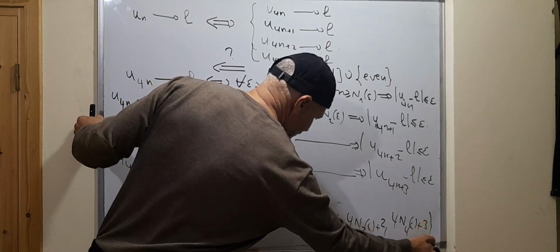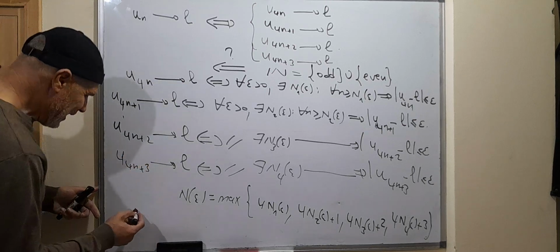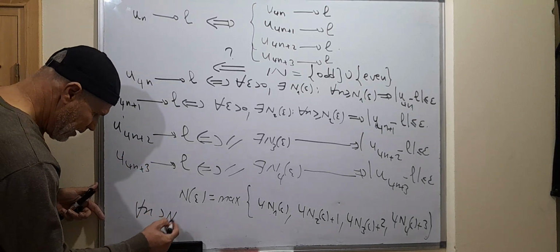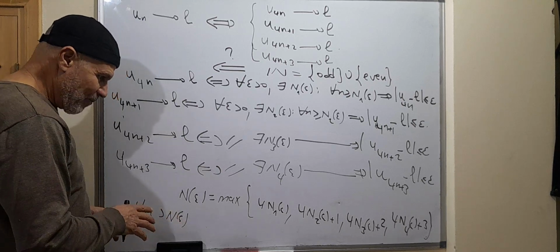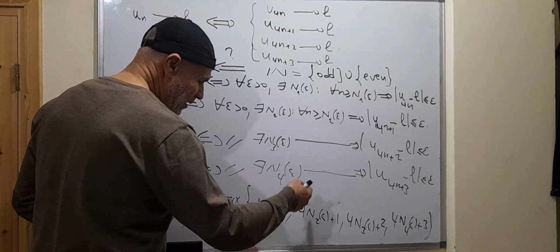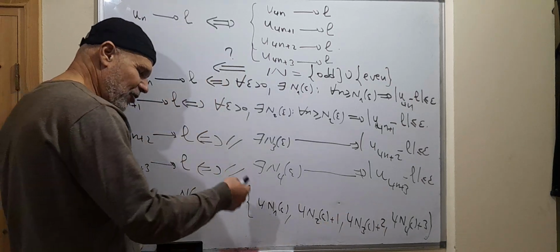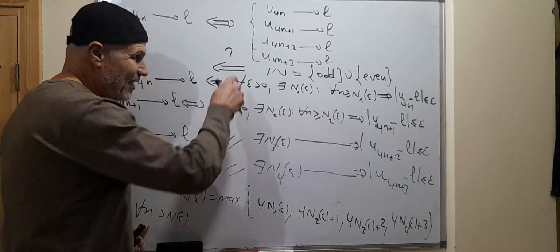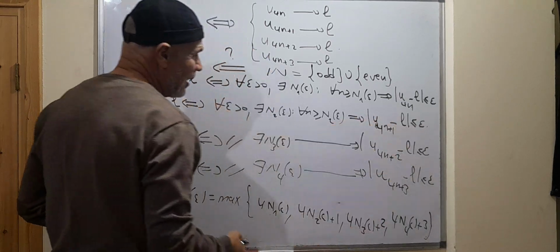We take the maximum between them. So for any given n greater than n(epsilon), it has no chance. It must be one of the four cases, and for each case, one of these four ensures that the difference is less than epsilon.